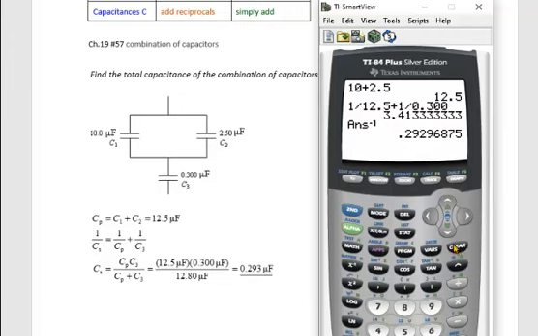By the way, let me show you the last part again here with the 0.293. This is the way I actually do it quite often. I open the parentheses, I put the 12.5 here, and I do it to the -1.